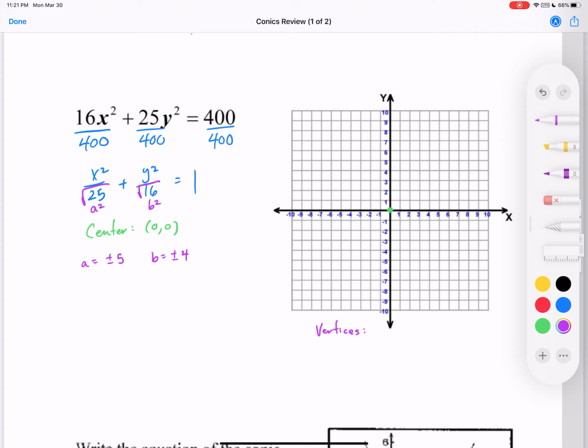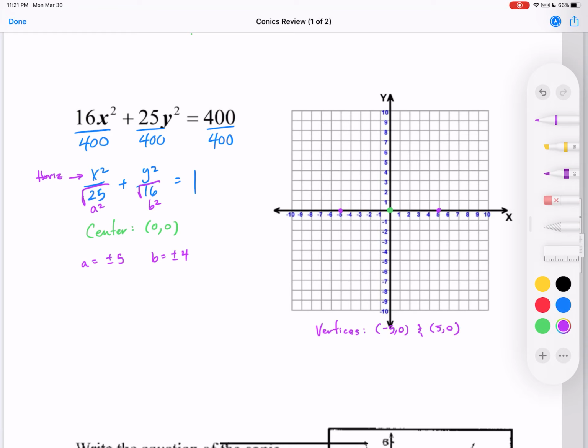I check to see where that a value is, and it's underneath the x. Because it's underneath the x, it's going to be horizontal. If the a value was underneath the y, it would be vertical. Since it's horizontal, I'm going to go right 5 and left 5, and these are my two vertices. So my vertices are at negative 5, 0, and 5, 0.